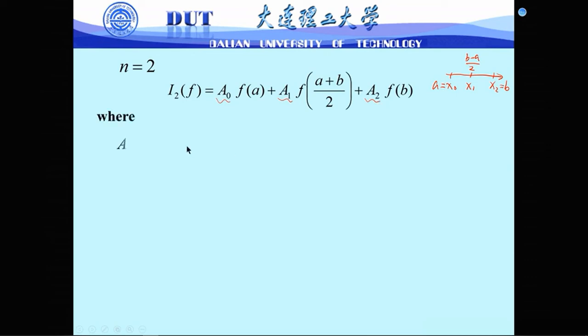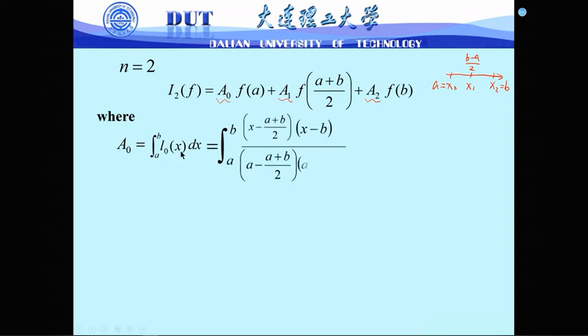Okay, now let's continue. a0 should be the integral of L0(x). But you should know, here L0(x) should be the quadratic interpolation polynomial. Remember, I write here, L0(x) should be x, follow me please, x minus, because the index is 0, so minus the other nodes, x minus x1 multiplied by x minus x2, right? Divided by, replacing x by x0, x0 minus x1, x0 minus x2, right?